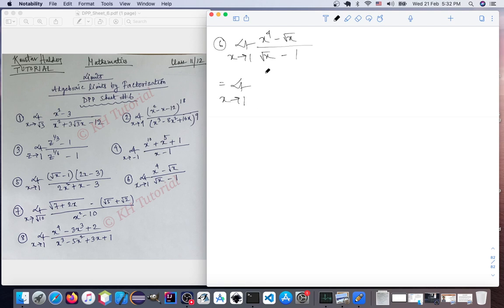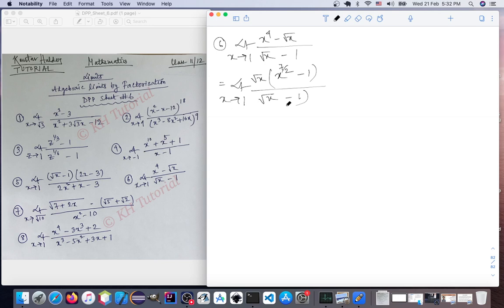Let's take root x common from the numerator, and we get root x is x to the power half, so this will be x to the power 4 minus half, which is 7 by 2, minus 1.